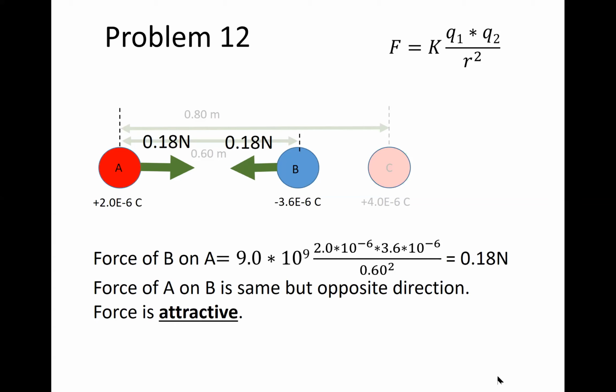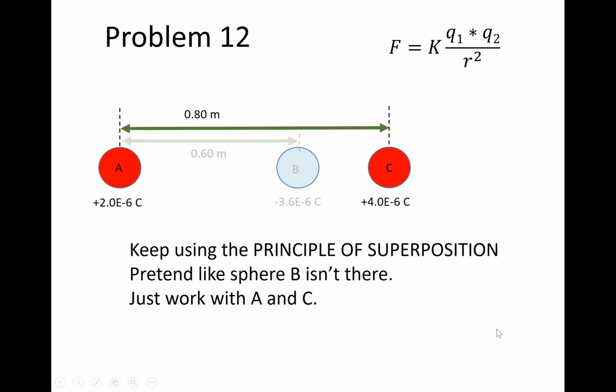Now we need to go back, because it turns out that sphere B is not the only thing in the universe. We also have sphere C. But again, I'm using the principle of superposition, which means that you see how I've grayed out sphere B, so I'm temporarily pretending it's not there. Now the only things in the universe are A and C, and they both have the same charge, so I know ahead of time that the force is going to be repulsive.